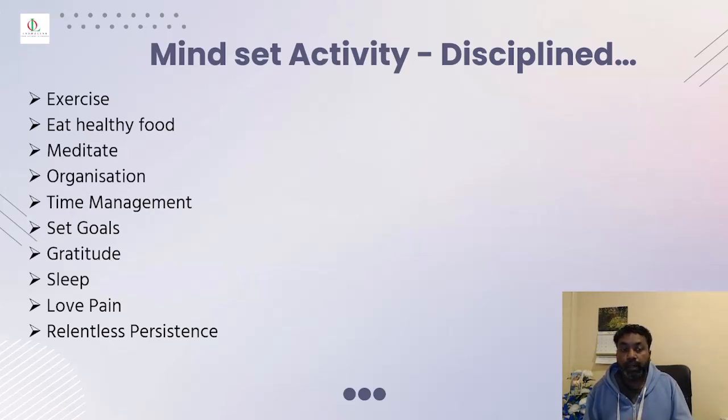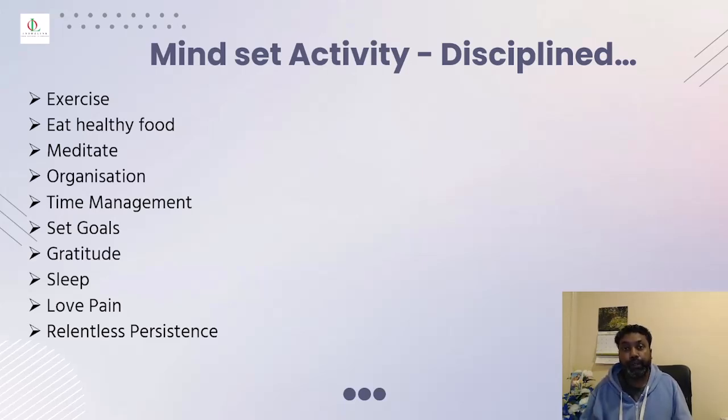And why I put love and pain together is that you have to feel something, and then you have to realize and understand. You have to feel for something, and then you'll get that in the form of rewards of love, be it from your close loved ones. And also relentless persistence. Keep that going attitude.